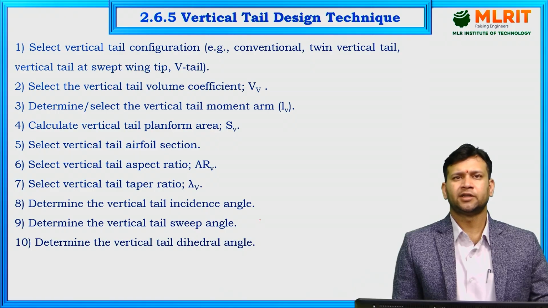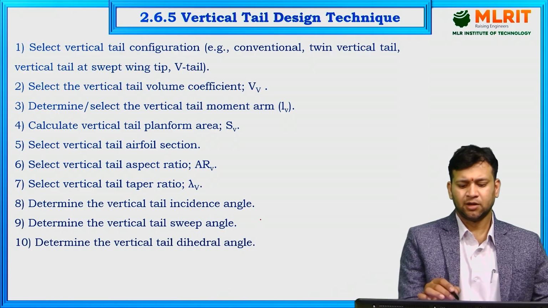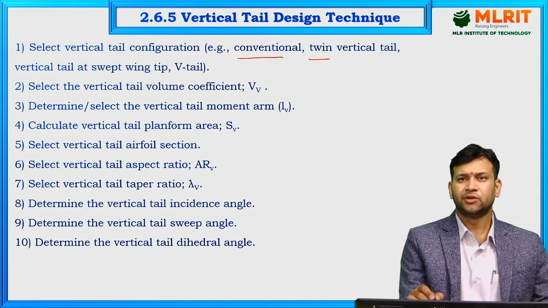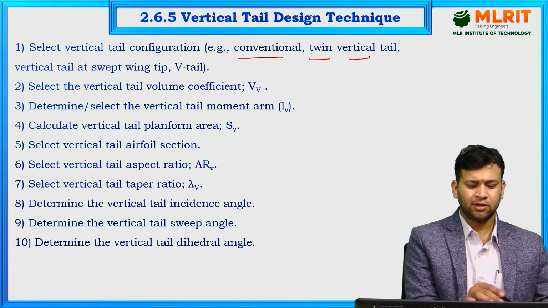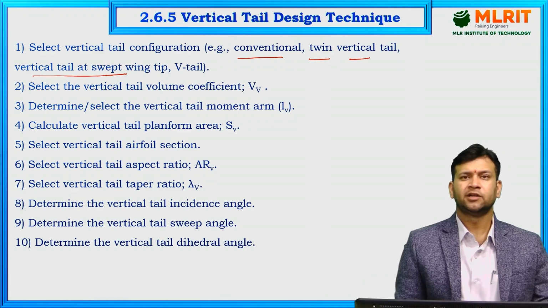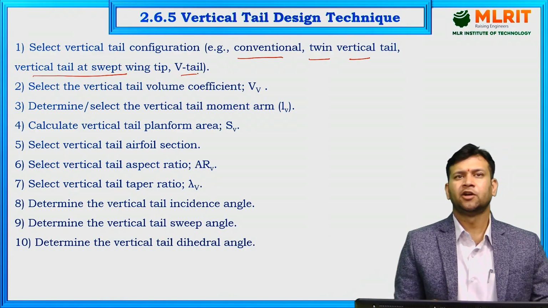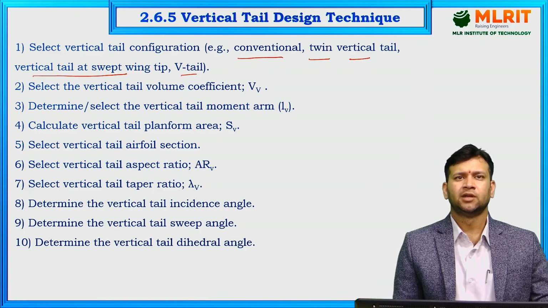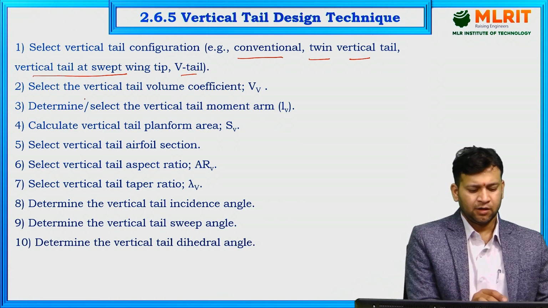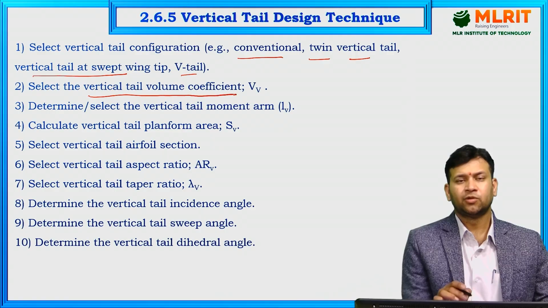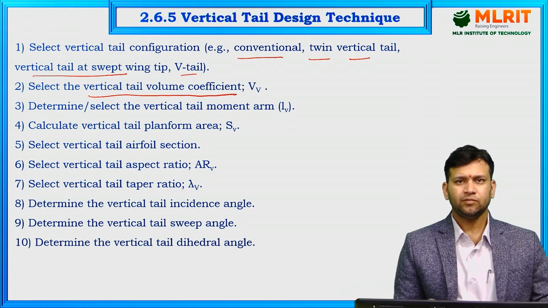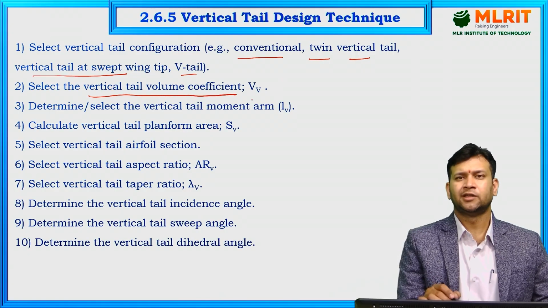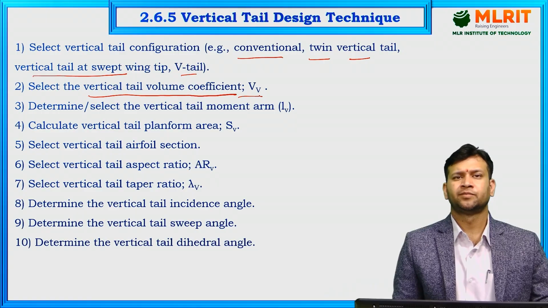First, we need to select a vertical tail configuration, whether it's a conventional tail, twin tail, vertical tail at swept wing tip or V-tail. Depending upon the configuration and as per the requirement, we'll select the vertical tail, and after the selection of the configuration is done, we'll find the vertical tail volume coefficient, or we'll choose it from the existing historical data.